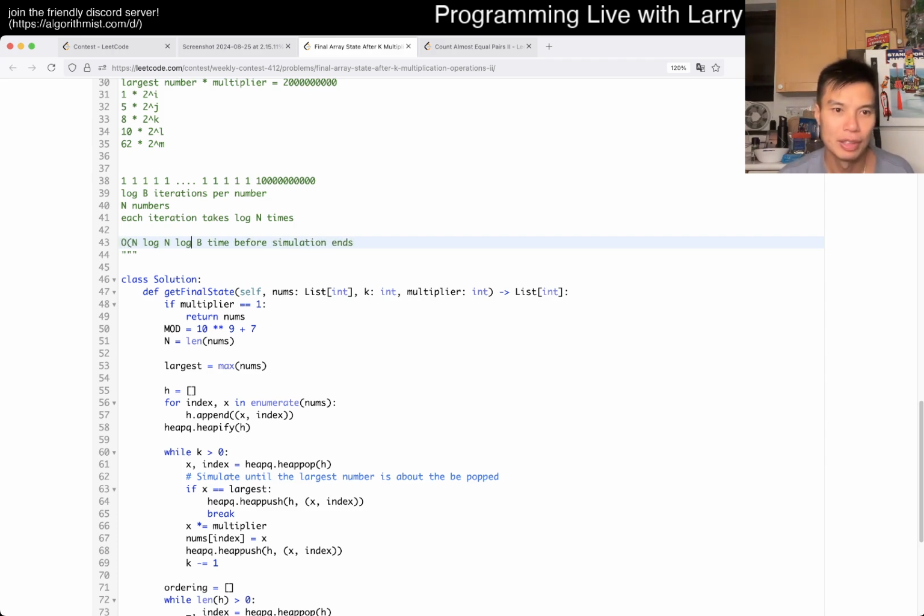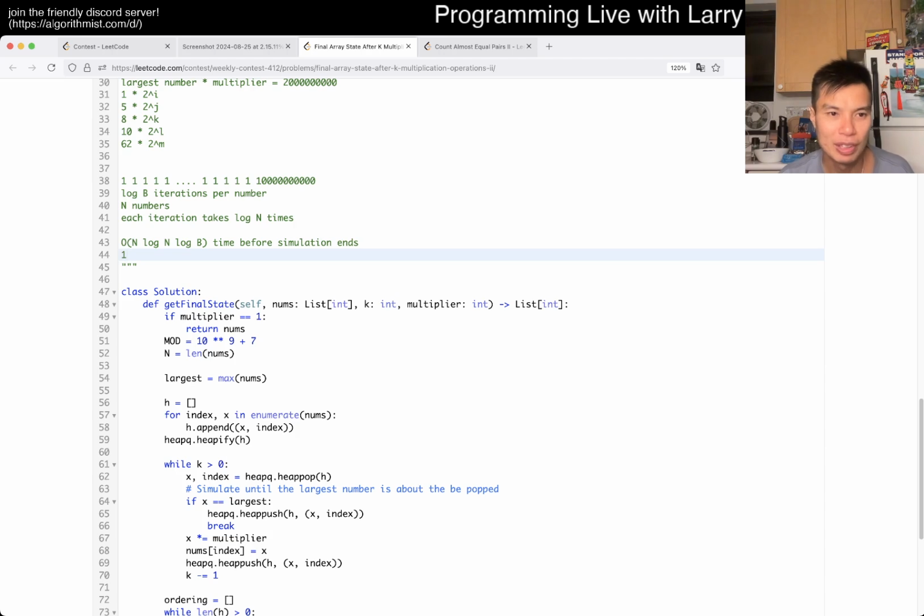Big O. But more critically, n is equal to 10 to the 4th, right? Log n is what? I don't know, 12 or something? I'm so tired. Like 14, give or take.